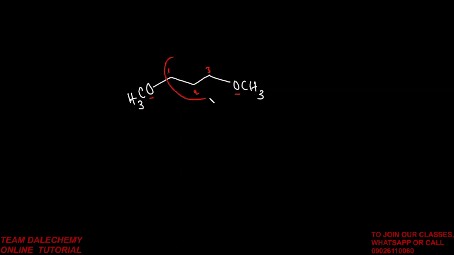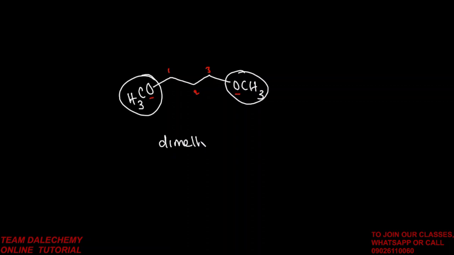So this will be our longest continuous carbon chain. Now think of that as an alkane that has two substituents at the first position and at the third position. So the name of this compound will have dimethoxy, because we have two methoxy groups at the first and the third carbon. So that will be 1, 3 dimethoxy propane. So that will be the name for this compound.